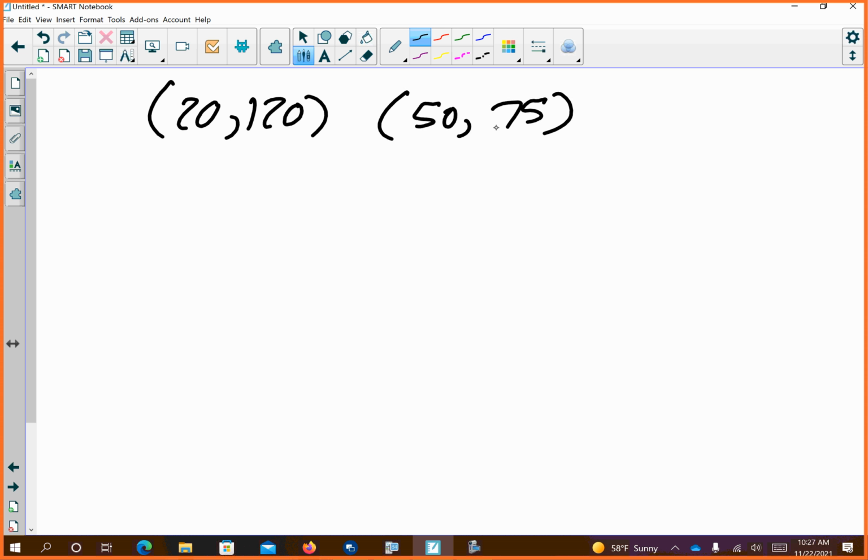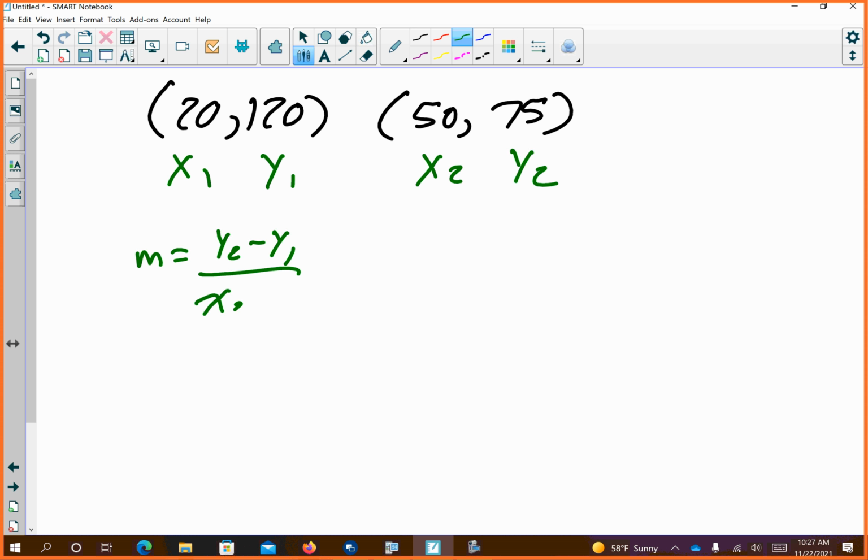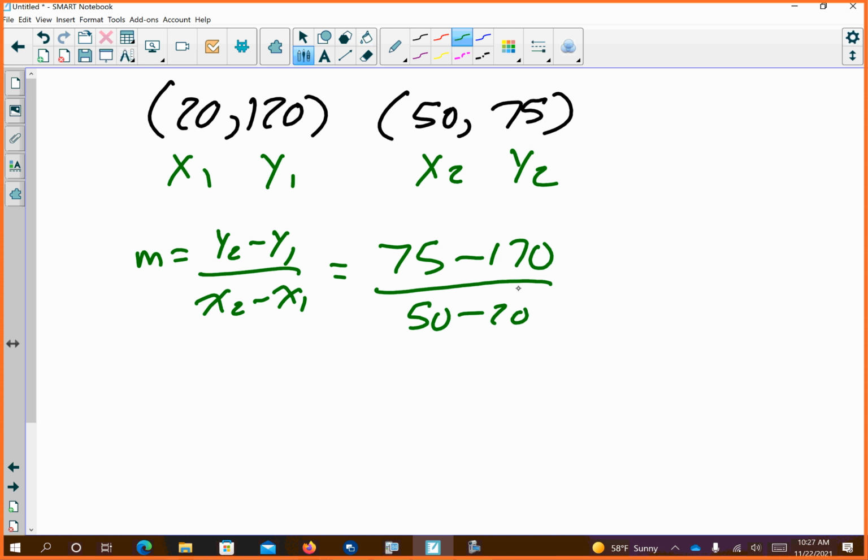So the third point is 20, 120. The last is 50, 75. So label them x1, y1, x2, y2. Find the slope. So you get 75 minus 120 over 50 minus 20. That should be 120.